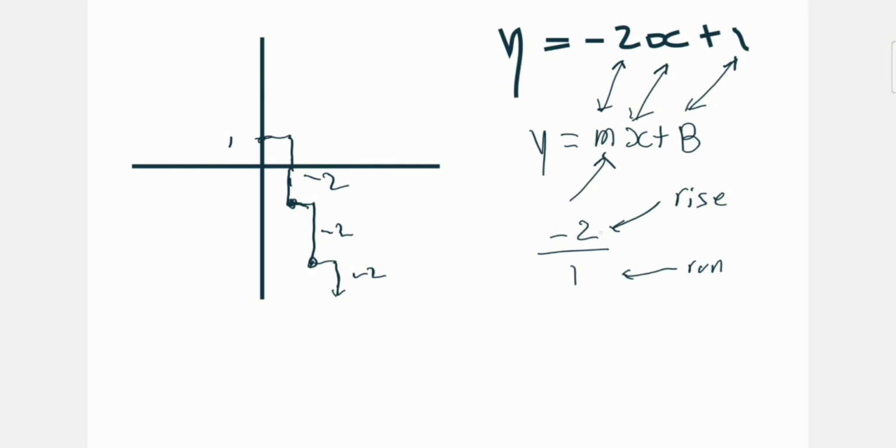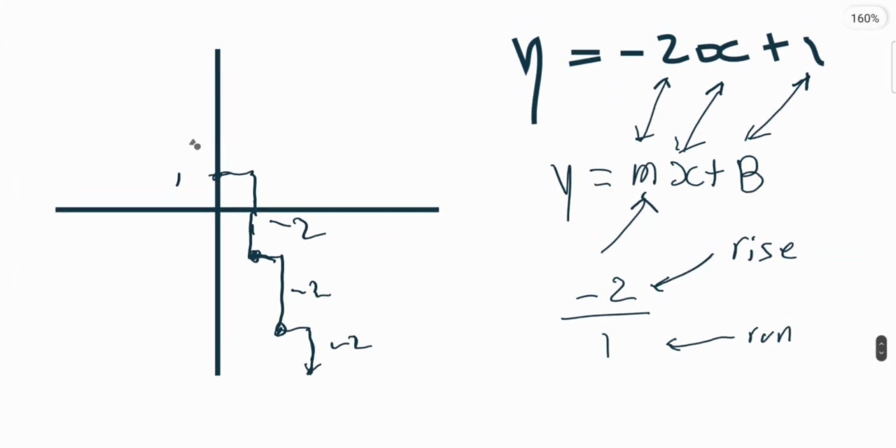The rise is -2, which means it's going down by 2, and the run, every time it goes up by 1, the rise is going to go down by 2. So we're going to get a line like this. If we draw this, oh, that's not very good.